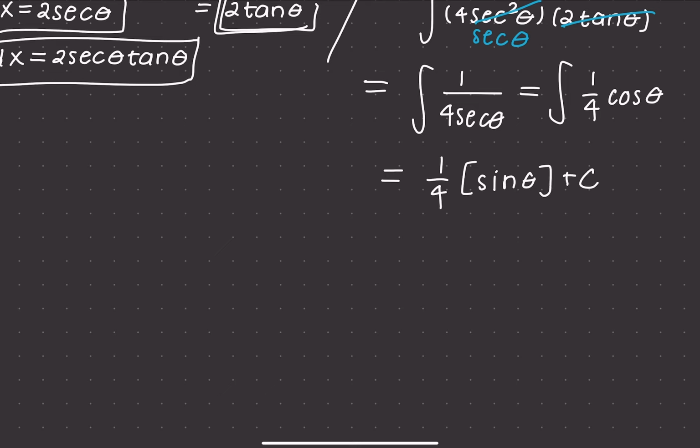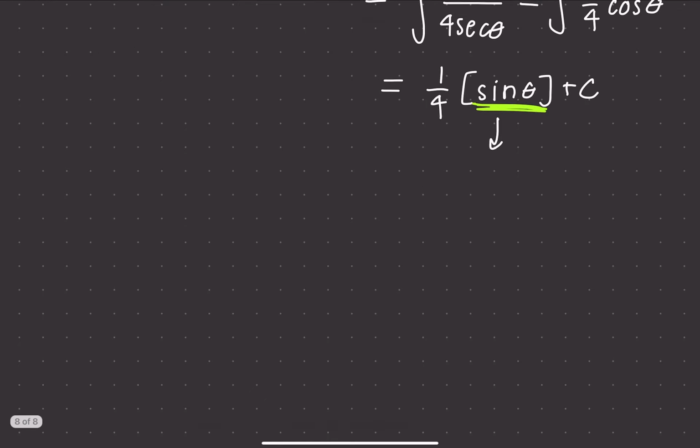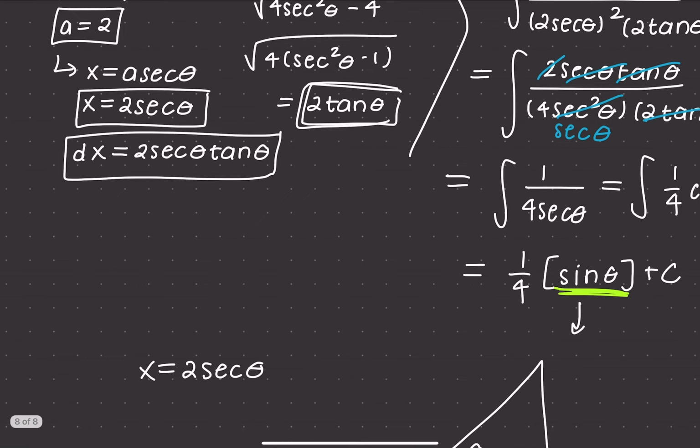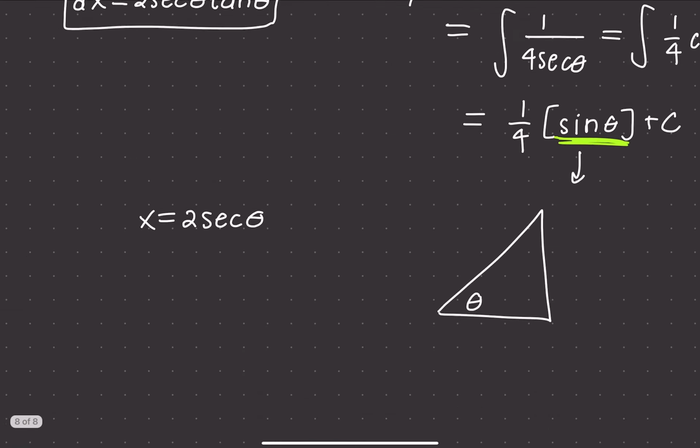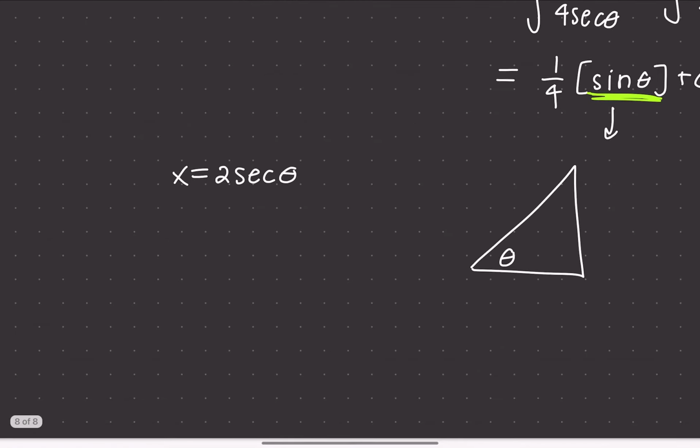However, we can't keep it as sine theta. Instead, since we know that x is equal to 2 secant theta, as we said right here, we can rewrite it as x equals 2 over cosine theta, giving us cosine theta as 2 over x.